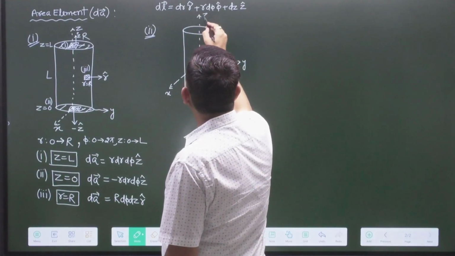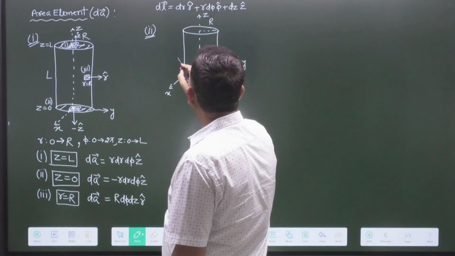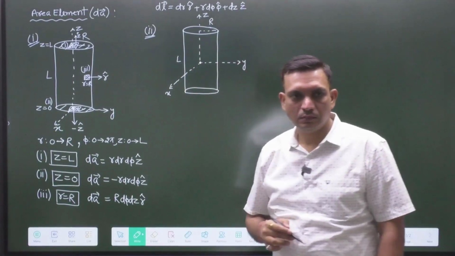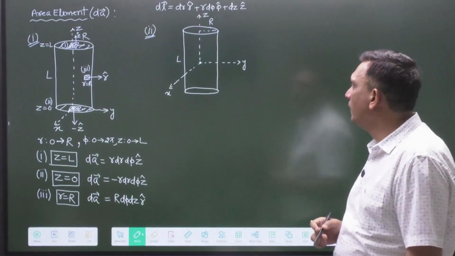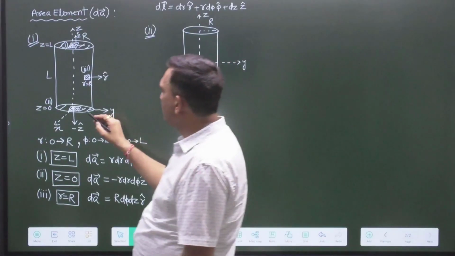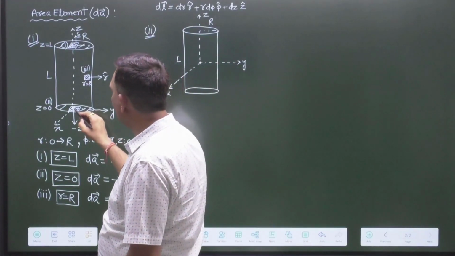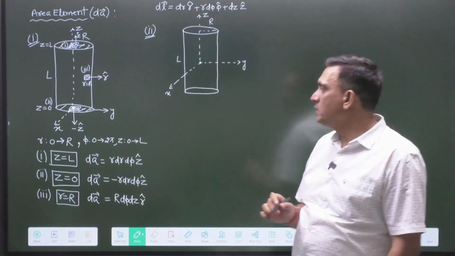This is x, y, z. The radius is r, the length is L. Now the origin is at this point, here at the center. So you have to specify limits accordingly.